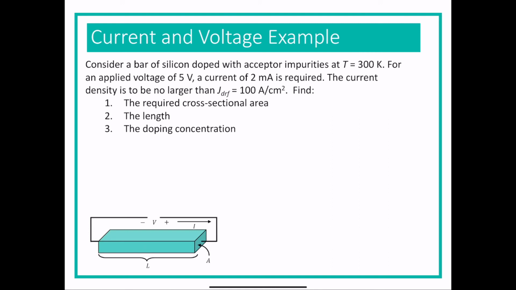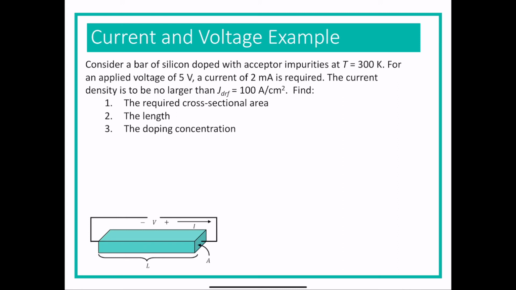We want a voltage of 5 volts. So already in the back of your mind, you can think, oh, Ohm's law. I know the voltage, I know the current, I can find the resistance. That should be an automatic thing for an electrical engineer no matter what. If you see voltage and current, you should think, I can find the resistance. And that is actually what you have to do.